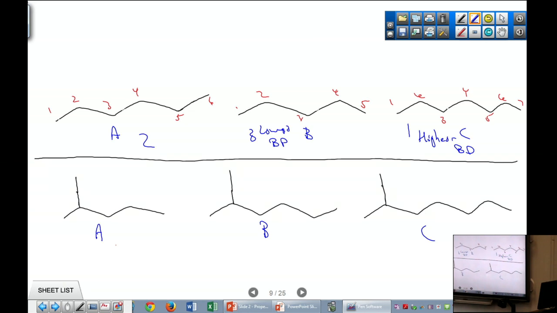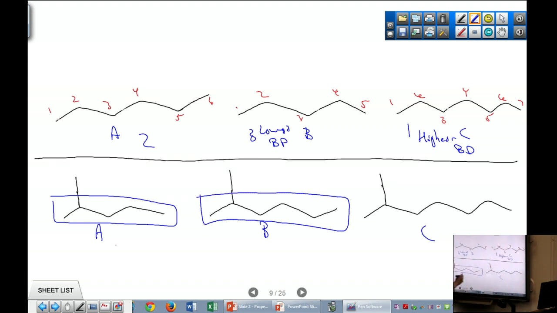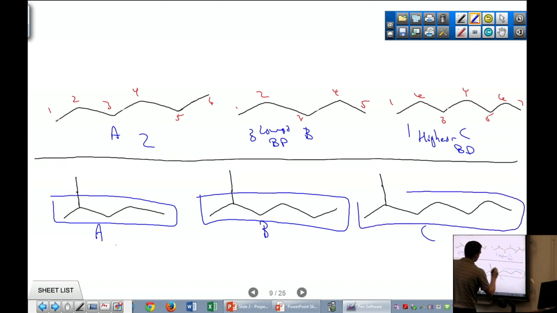Now, if we look at the bottom one, each one has 1 branch, right? If the number of branches is the same, then you can just go off of how long the carbon chain is. Right? So this is 5 carbons, 6 carbons, and then 7 carbons.